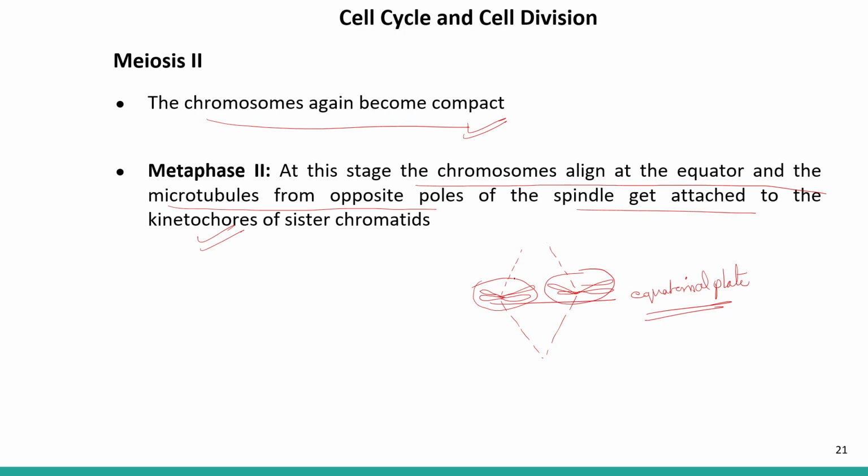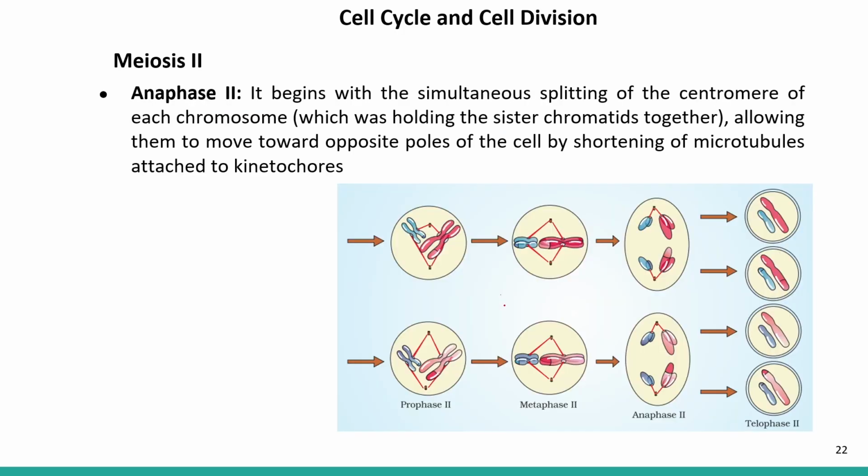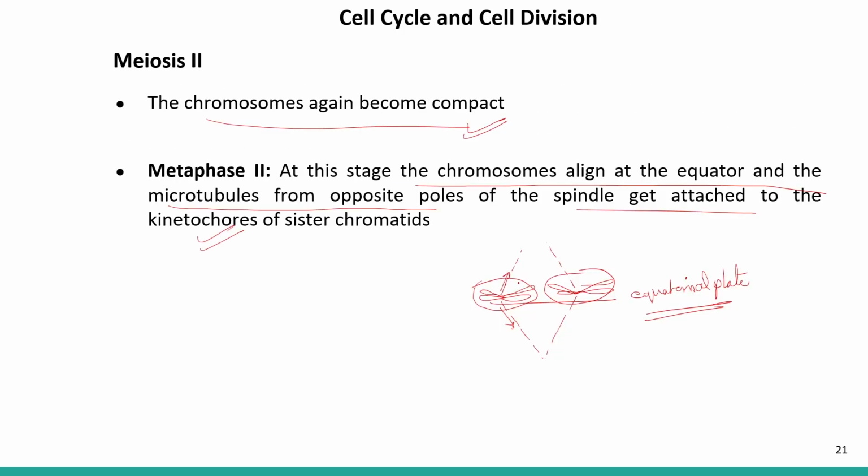Now what happened? Now these spindle fibers are pulling toward this way, okay? And this centromere gets divided at the kinetochore, right?